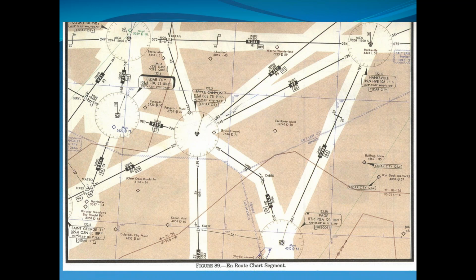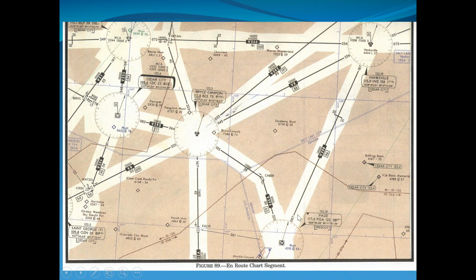That's with DME equipment. Now, with an airplane that does not have DME equipment, then you need to have a second VOR come into play. If you don't have the thing that actually tells you the distance, then the second way that you can identify this intersection is you track the 161 radial flying south from the Bryce Canyon VOR, and then you tune your other VOR receiver, and most planes have 2 or 3 VOR receivers.